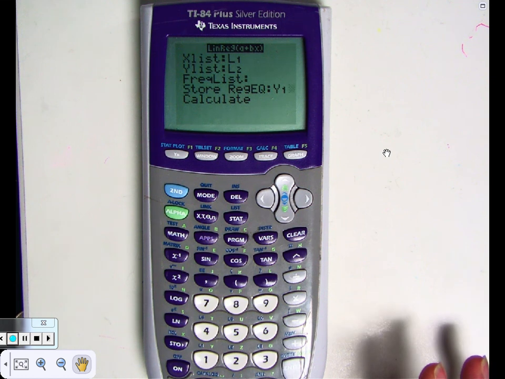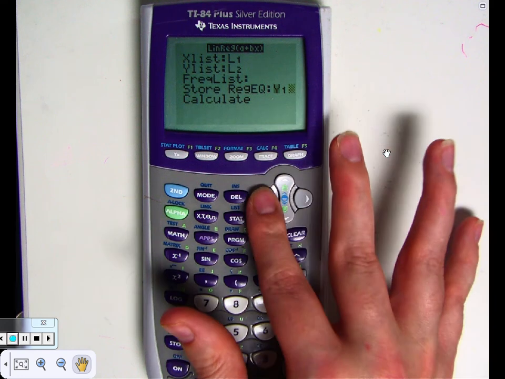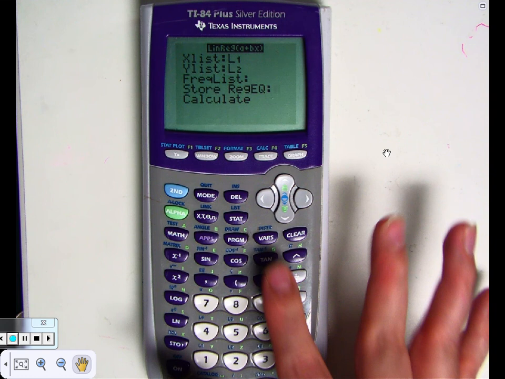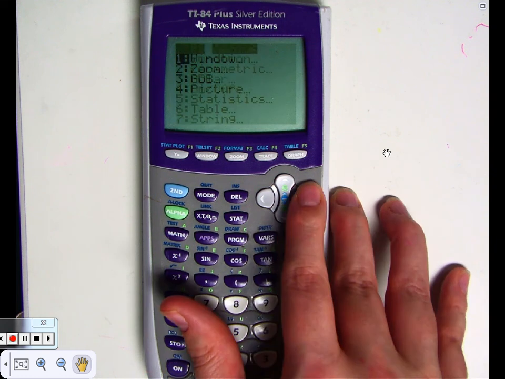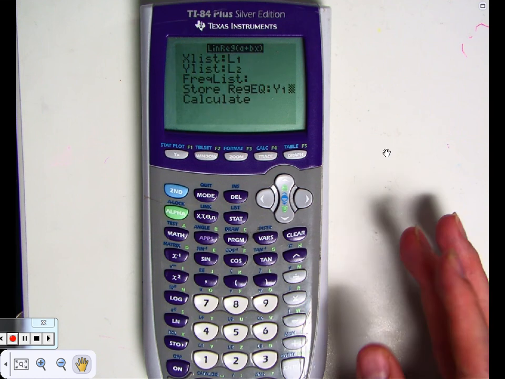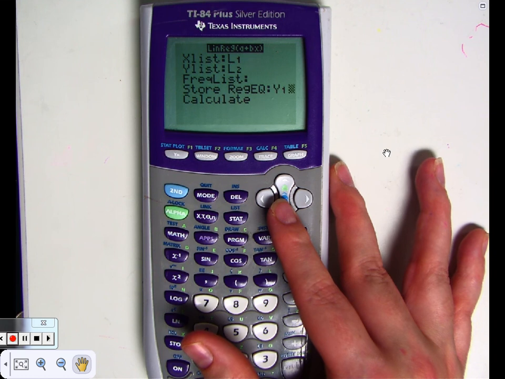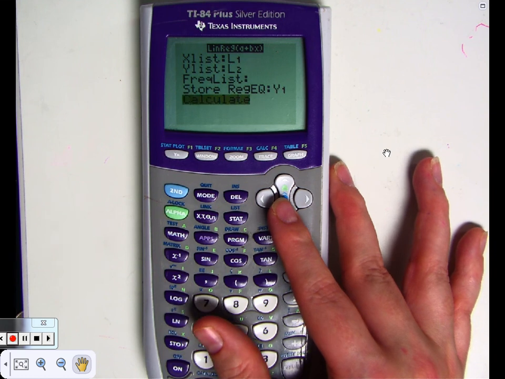If you have a TI-83, you have to instead go to VARS, Y-VARS, Function, Y1. So this is why I really like the TI-84. There's a lot more shortcuts, but either way, there's a way to get there.